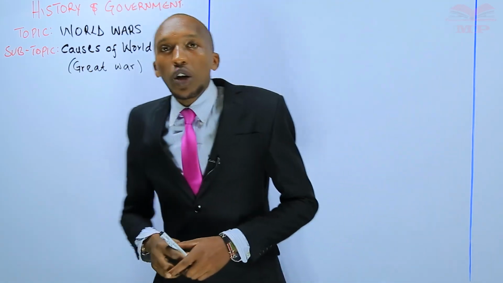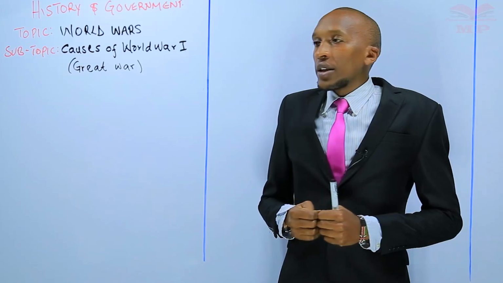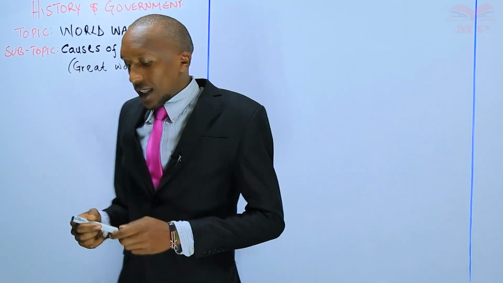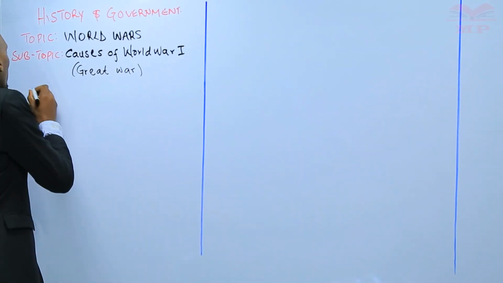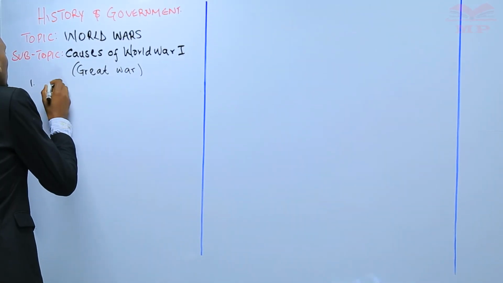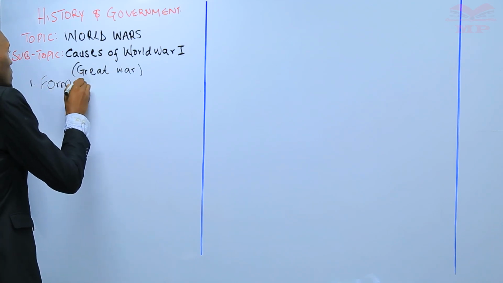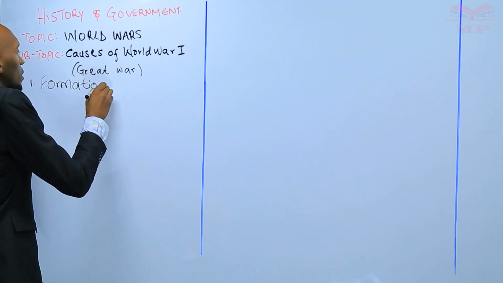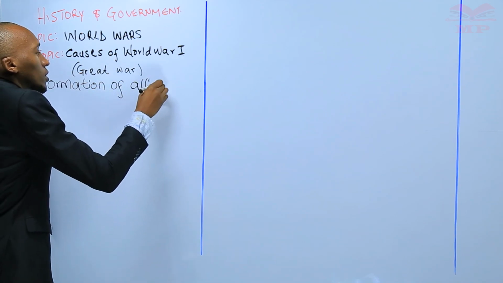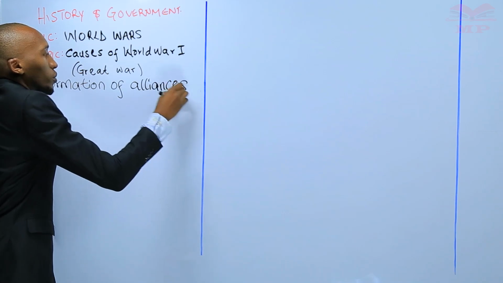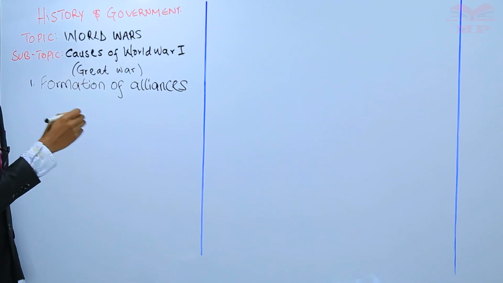In our lesson, we are going to explain 7 causes that resulted in the First World War. Number 1, formation of alliances. That is the first cause of World War One.